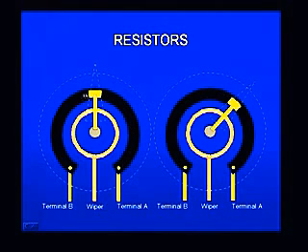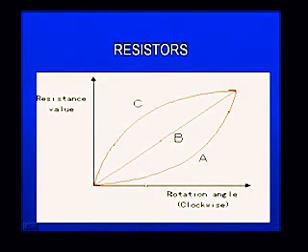So this wiper can be moved by around 300 degrees, and thereby I can vary the resistance value. Therefore the variable resistance will have to use the wiper and any one of the other 2 terminals, either A or B, not both. So this is about the variable resistance.